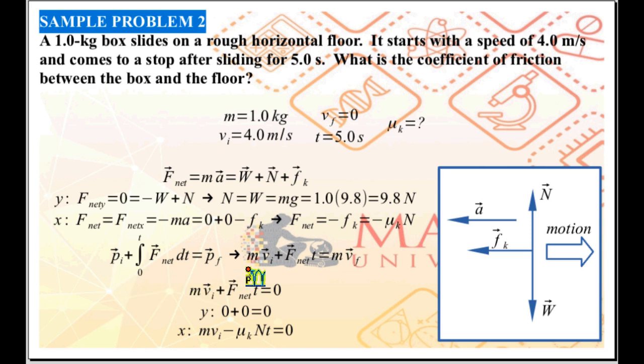Momentum initial is mass times velocity initial. F net is constant, so we bring it out of the integration. We are just integrating dt. Integral of dt will give you t. So we have for the impulse, F net times t. And then final momentum P final is just equal to m v final.